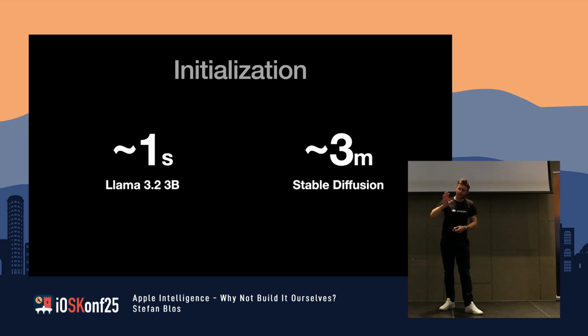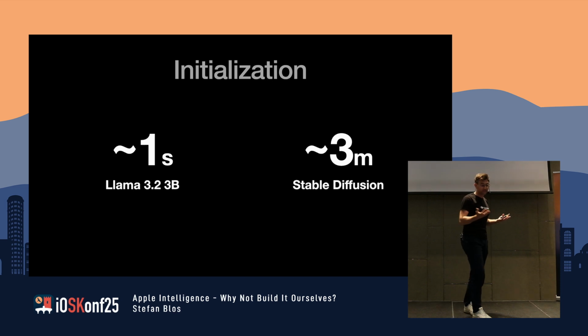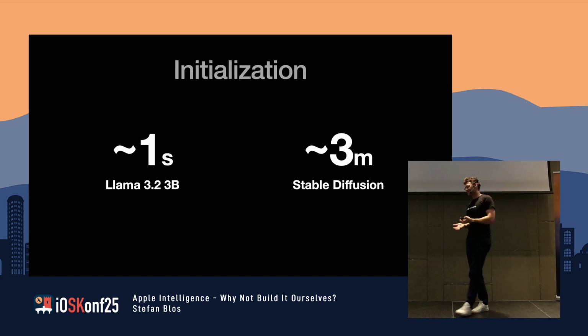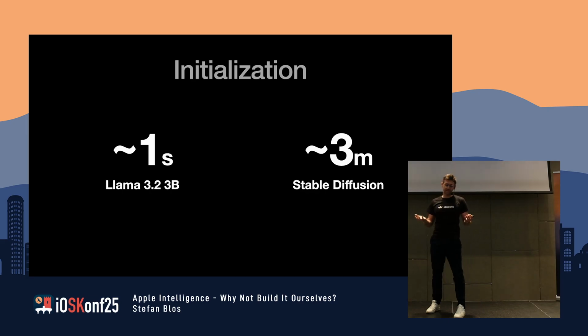So after downloading 3 gigabytes of data, it takes 3 minutes to initialize. And yeah, we can work around that by trying to entertain our users while this initialization is happening, but still, I don't think it's a very sustainable thing to do this, really, right? So this is a problem.